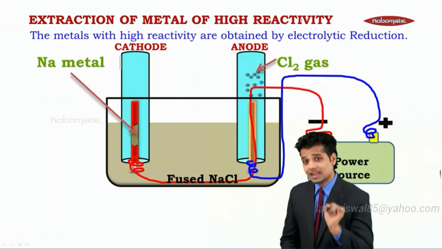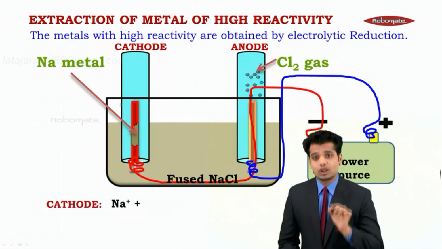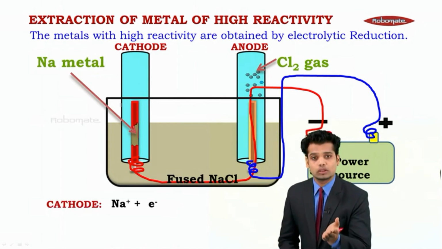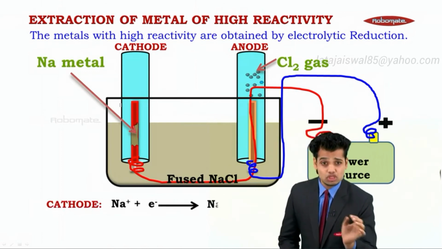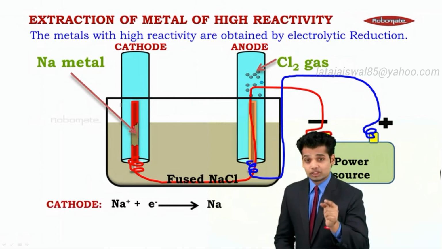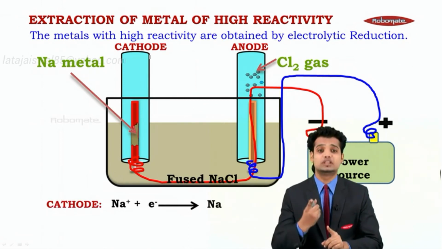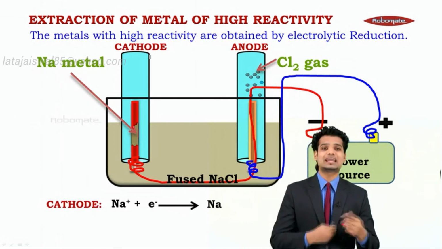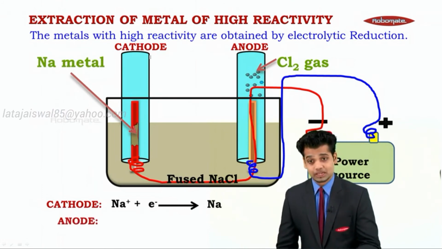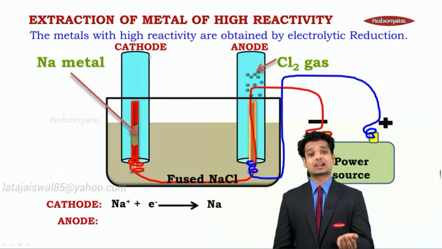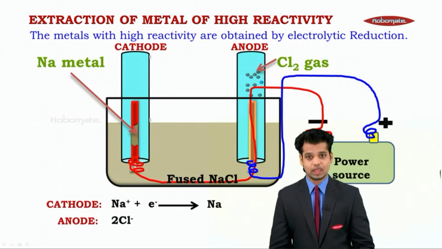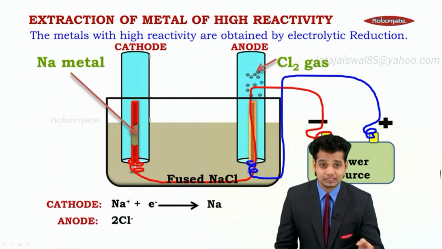So what happened at the cathode? At the cathode, Na+ got an electron and became Na. We saw in the formation of NaCl how Na gives an electron and becomes Na+. So it took an electron back and became Na. Similarly, at the anode, chloride gave an electron and formed Cl2 gas.